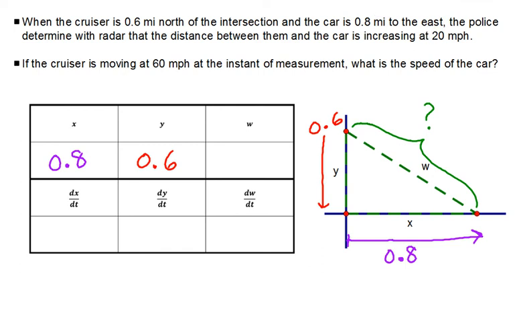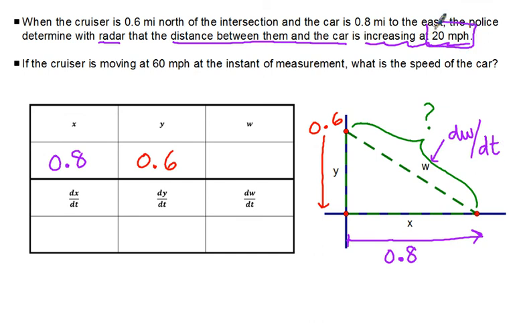All right, as we continue to read, it says, at that moment, the police determined with radar that the distance between them and the car is increasing at 20 miles per hour. In other words, the rate of change of this quantity, which is, using the Leibniz symbol, dw/dt, the rate at which w is changing with respect to the time variable, is 20 miles per hour.